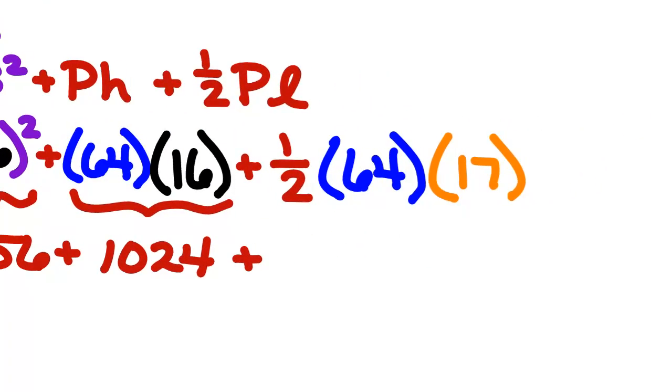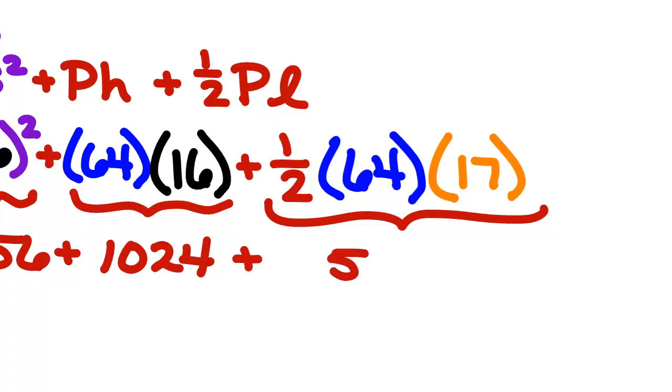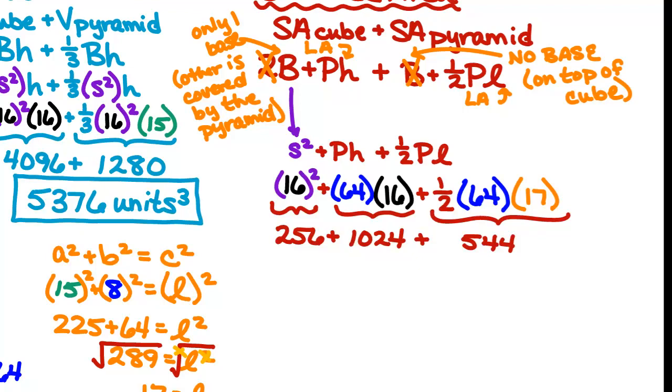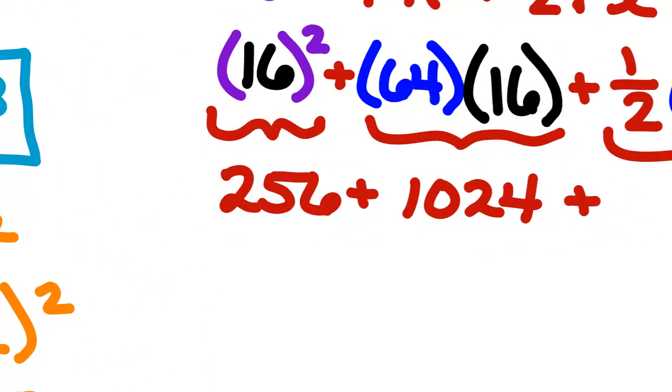Plus, and now we do 1/2 times 64 times 17. 544. So just like we did on the last one, I want to make sure that we can label what all these pieces are so we know where they're all coming from. And then we're going to add them together to get our final answer.